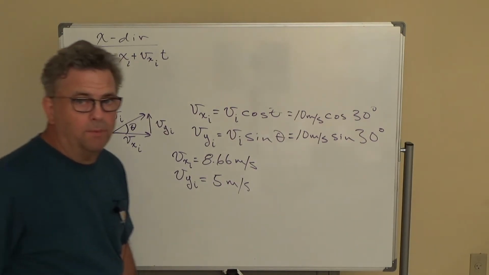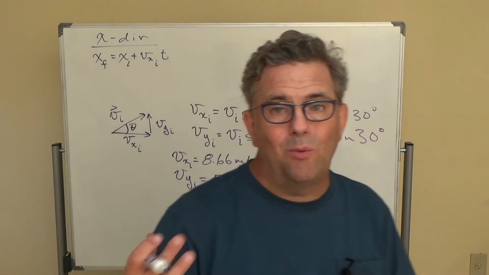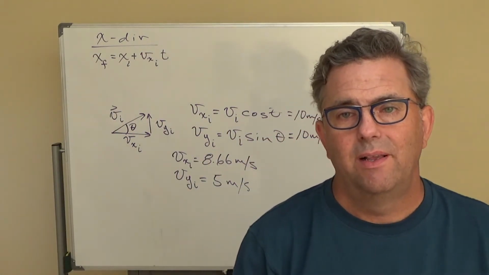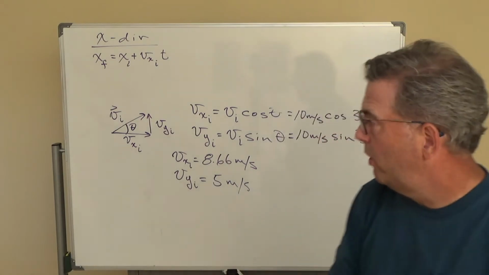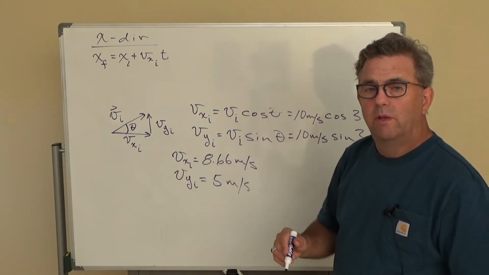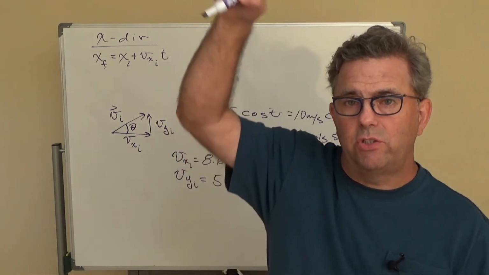Well, I have a problem because I don't know the time of flight. I don't know the time of the trajectory. However, we can figure out that time by using the y direction, because in the y direction, it's just free fall.